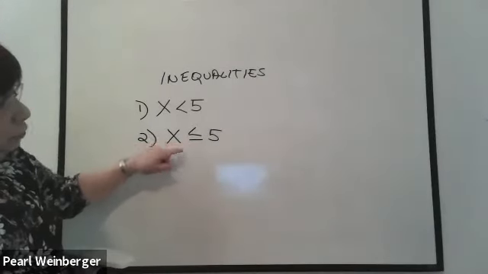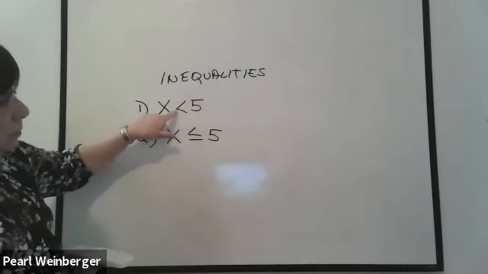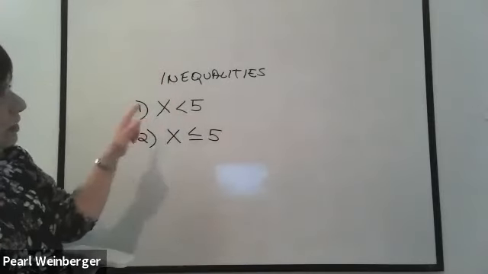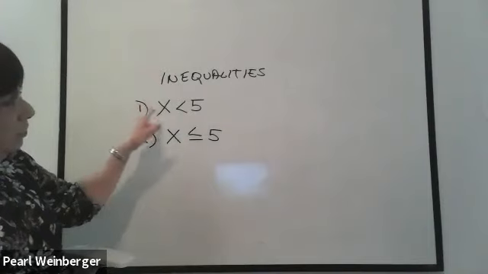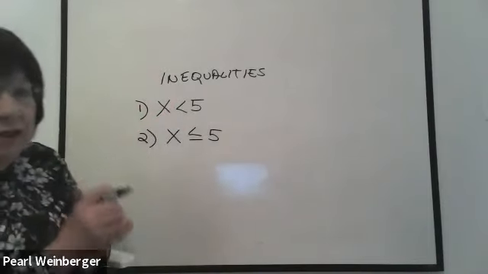It's really telling you 2 things. Again, if you look at the symbol, it has a point at one end and it's open on the other end. Hint, it always points to the smaller side. The point is always on the left side.